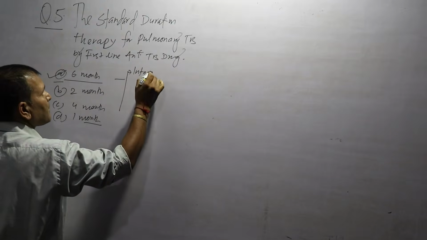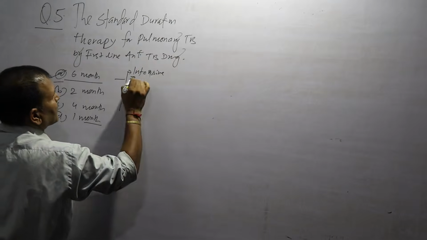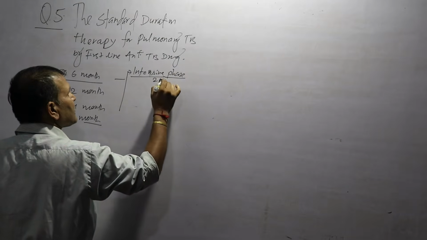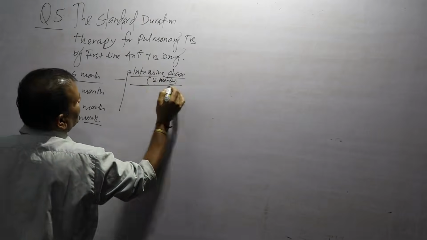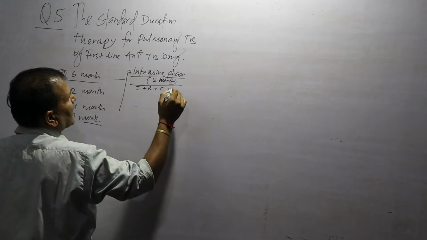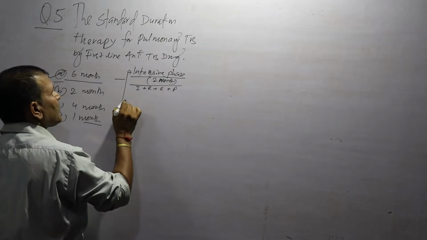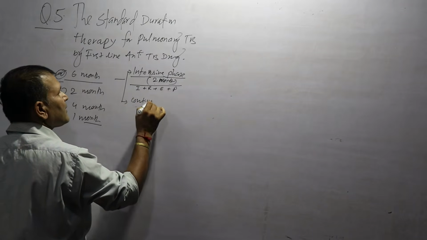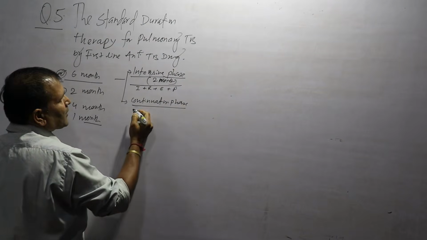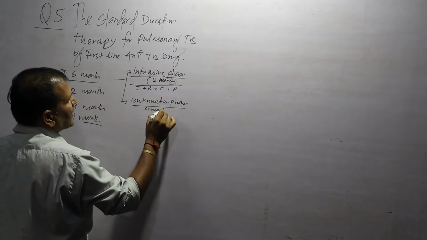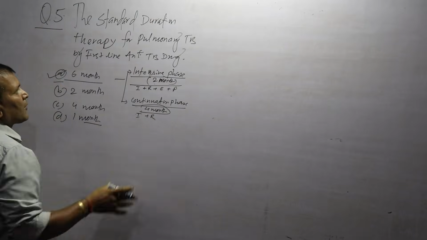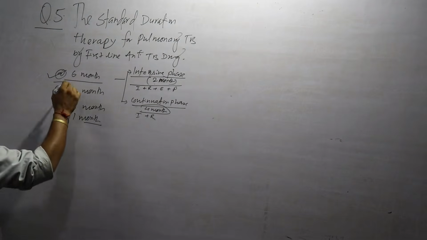The intensive phase lasts 2 months, and we use 4 drugs: isoniazid, rifampicin, ethambutol, and pyrazinamide. In the continuation phase, further assigned for 4 months, we give 2 drugs, isoniazid and rifampicin. So the total duration is 6 months.